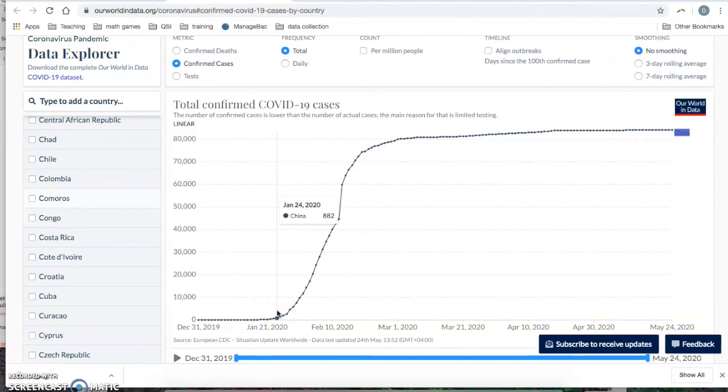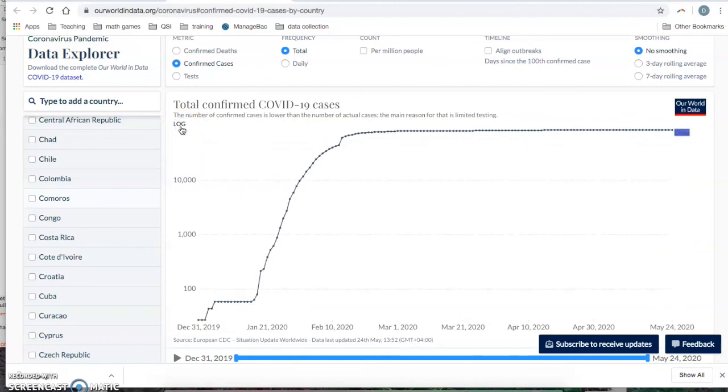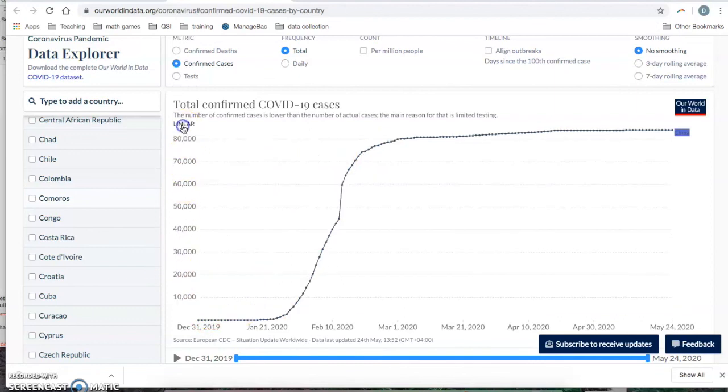A couple things I want to point out to you here. When you're looking at your graph, make sure that you choose linear here. If it's set to log, you're going to get a kind of weird looking graph because we're using a different kind of y-axis. So for now, just stick to linear. And if we want to know in this area here, we can restrict the dates.